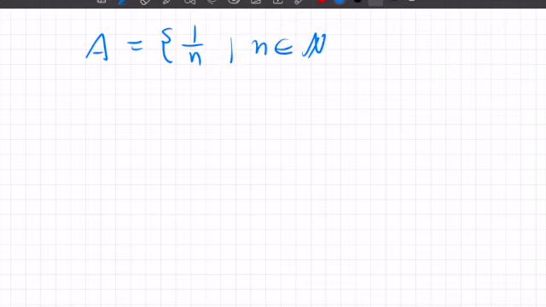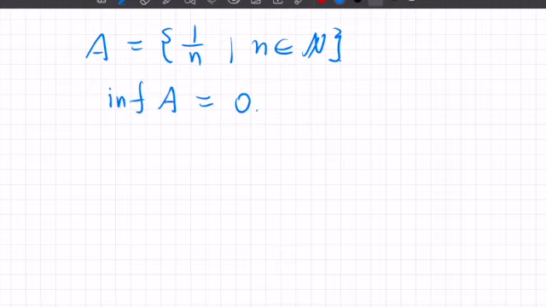Okay, let's see one example of this corollary. Let's say we have a set A that is 1 over n, where n is any natural number. The infimum of this set is 0.